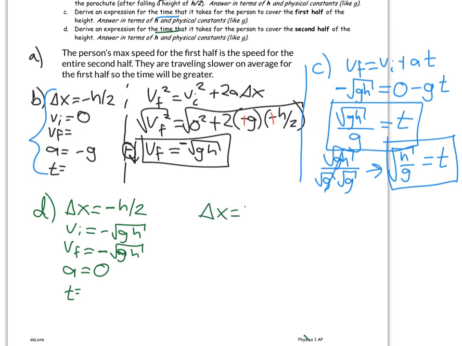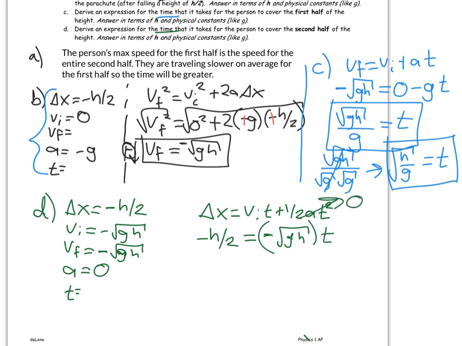Since we have that case where there's 0 acceleration, we know we have to use one of those delta x equations. And so I'm going to say negative h over 2 is equal to my initial velocity, which is negative root gh multiplied by t. That second term all goes away because the acceleration is 0. And so I find that my time is going to be h over 2 divided by root gh.